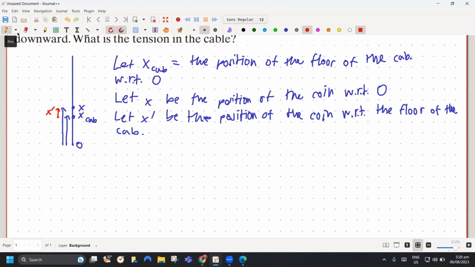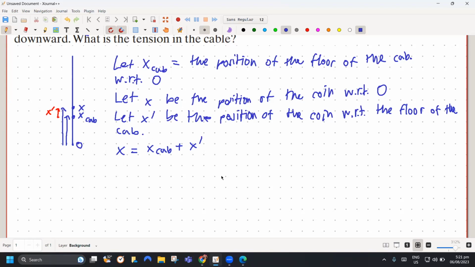So using your knowledge of vectors, paano related yung X, X prime, at X cab? So, X equals X cab plus X prime.